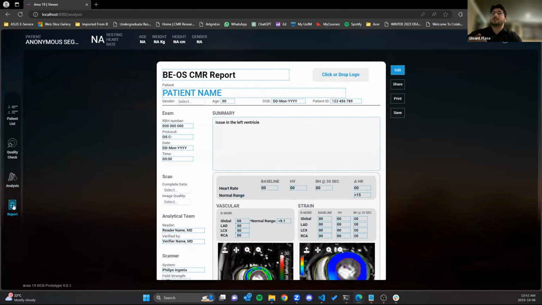And here, of course, the reader can generate a report from the study within the web application. And normally all of these values that you see here would be automatically populated from the study, but in this case, they're not, of course.